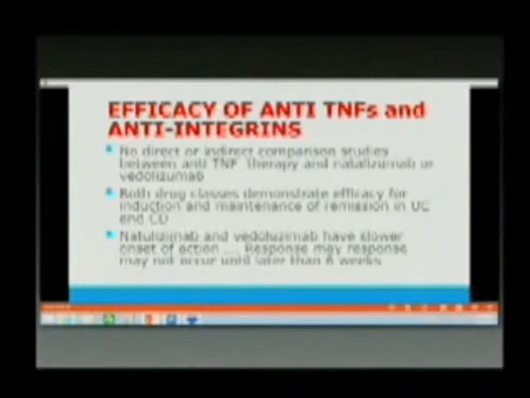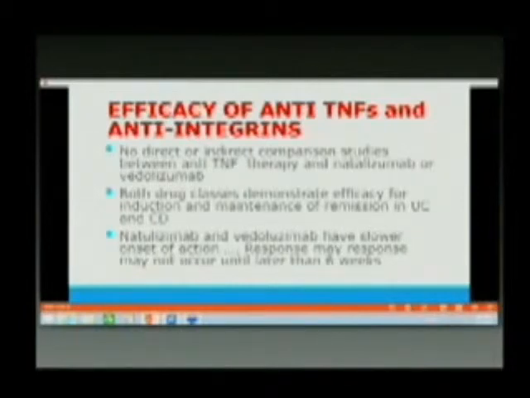Okay. Admittedly, there are no direct or indirect comparison studies between anti-TNF therapy and natalizumab, or vedolizumab for that matter. However, what we can say is both drug classes demonstrate efficacy for induction and maintenance of remission in both ulcerative colitis and Crohn's disease. Having said that, you have to remember that with vedolizumab, there's delayed onset of action.